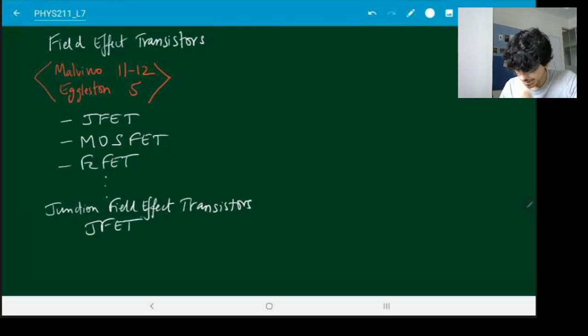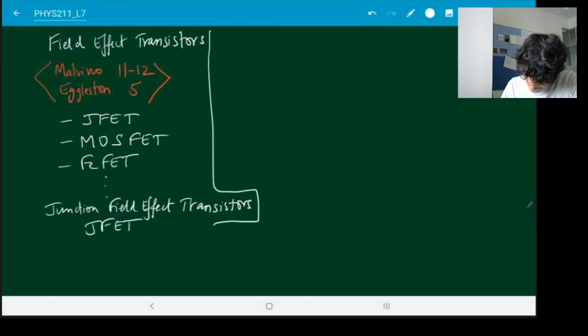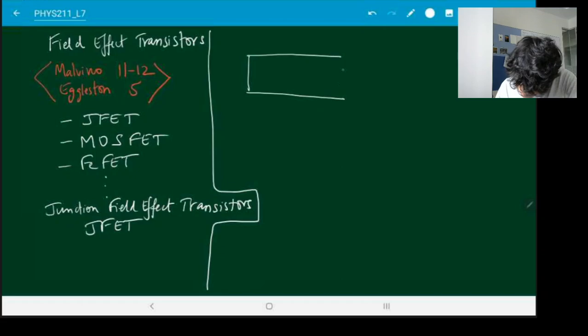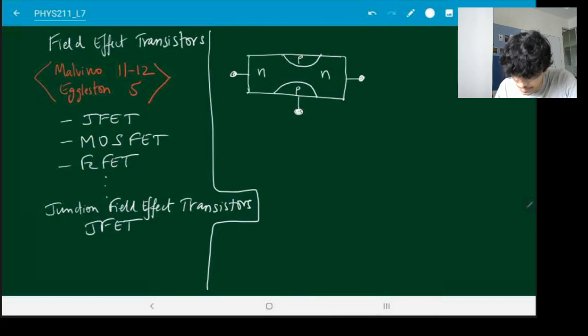So what does this transistor look like? Here you have some N-type semiconductor, and then you just put some P-type parts over here. So these are P-types, but the basic substrate over here is N-type. And just like in the BJTs, the bipolar junction transistors, we had three terminals, collector, base, and emitter.